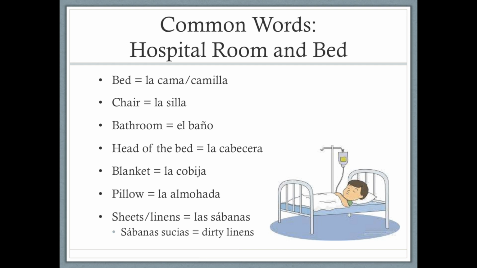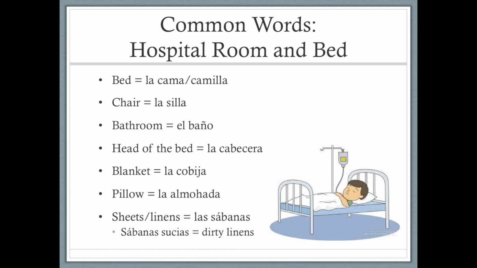Now let's talk about some common words in the hospital room and bed. Bed is la cama. You may hear camilla, but it is more referring to like a gurney or a stretcher. The head of the bed is la cabecera, and sábanas are sheets.